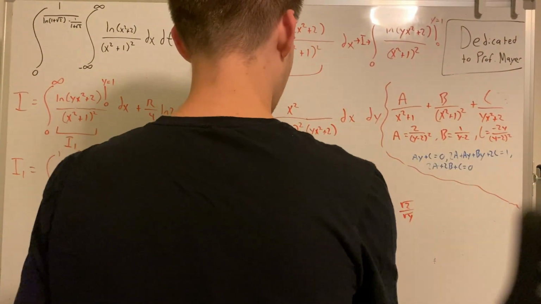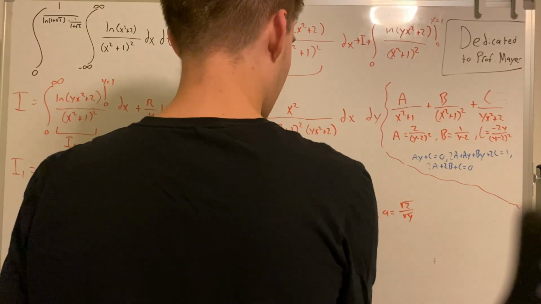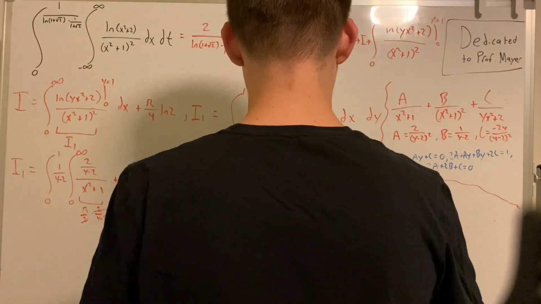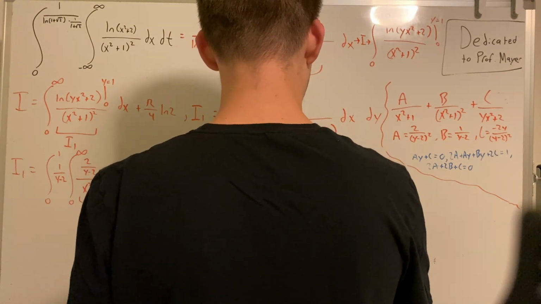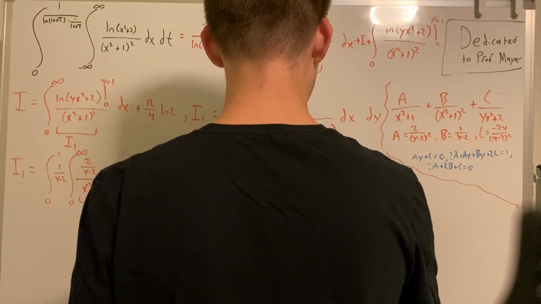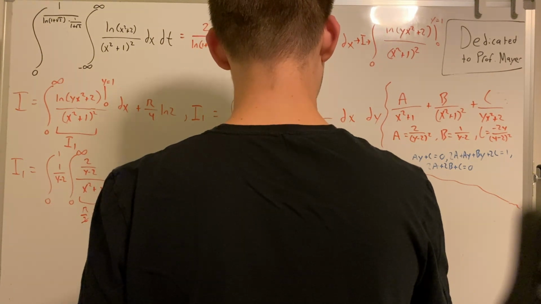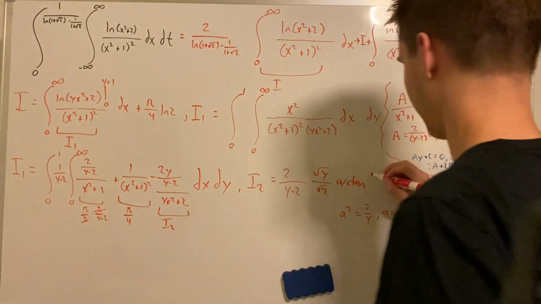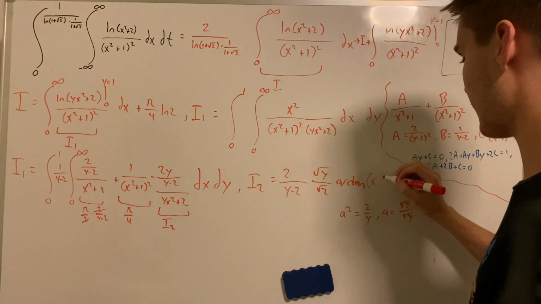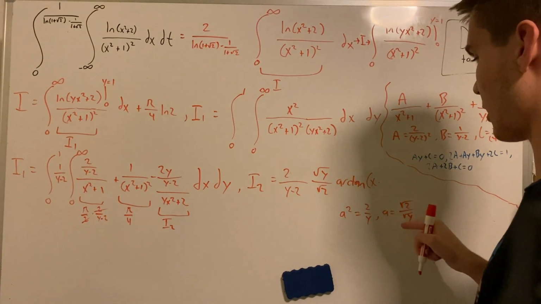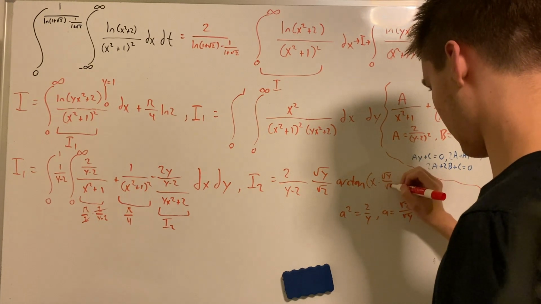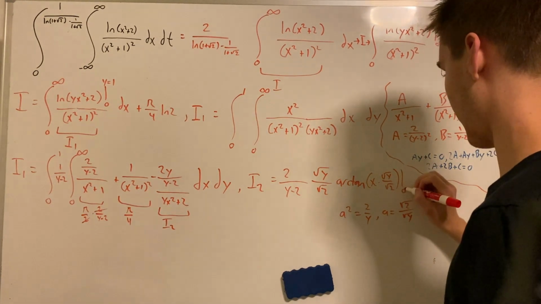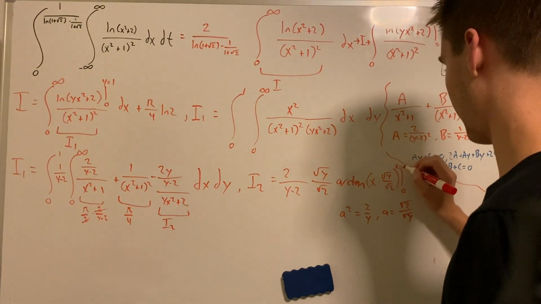Okay, great. So that means we're going to have 1 over a, which in this case would be root y over root 2, times the arctangent of x times the same coefficient, so 1 over a, which in this case is root y over root 2, evaluated from 0 to infinity.